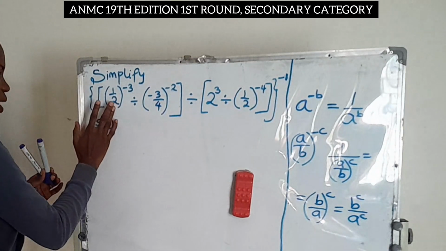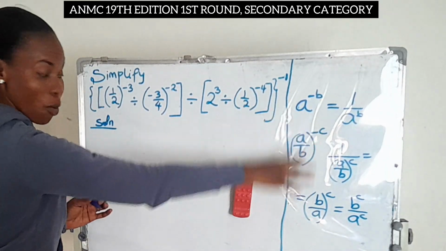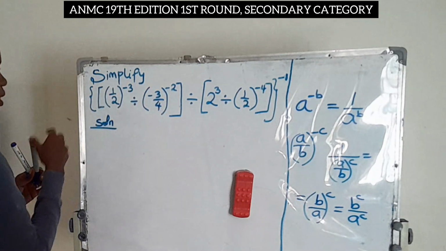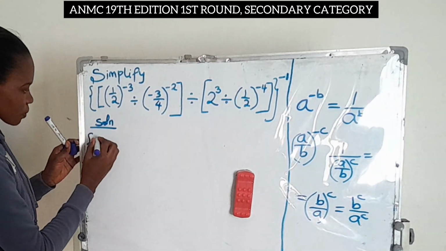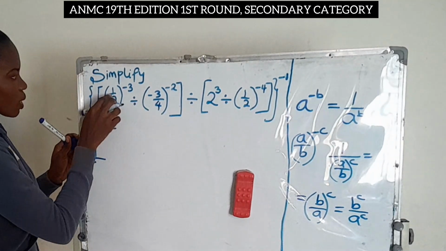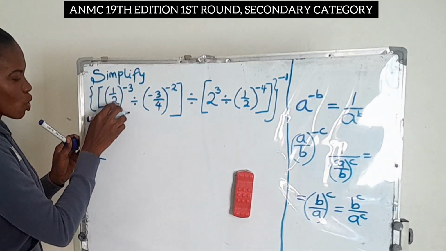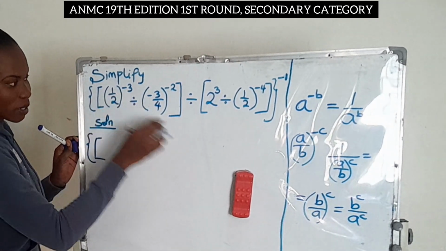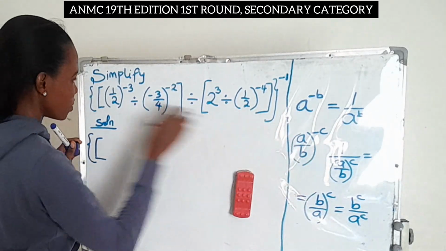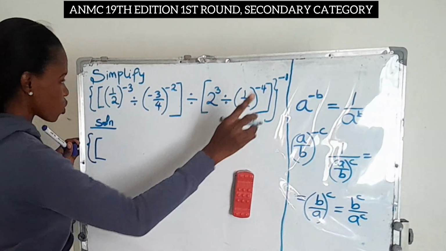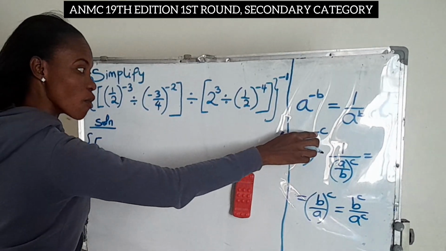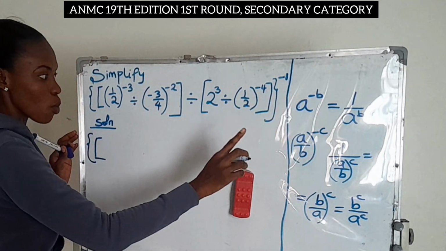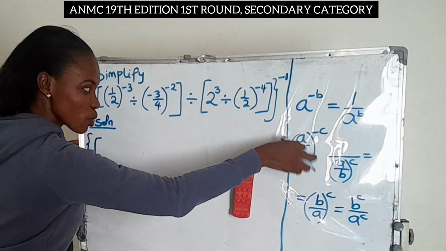So when I get to any one, I'll just quote the law we used and put it there. So let's start with the first. I have 1 over 2 raised to power of minus 3. Which of these looks like this one? So remember we said when a fraction is raised to the power of a negative exponent, I'll take the reciprocal of the fraction.